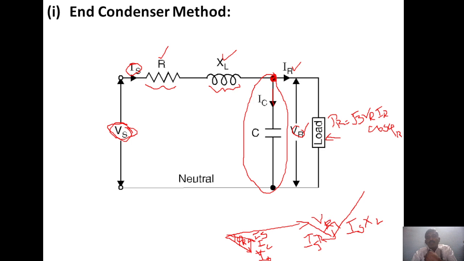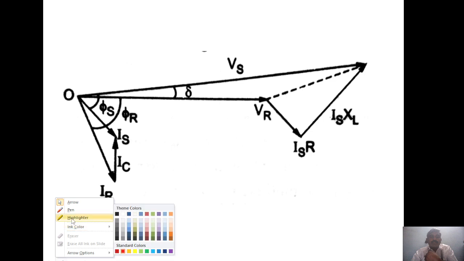Now VR, the drop across the resistance and the drop across the inductance, all this sum will give the sending end voltage Vs. Look at the diagram. First you take VR as reference, and then current IR at an angle of phi R, and then IC, the capacitive charging current, 90 degrees out of phase. The sum of IR and IC will give the Is value.